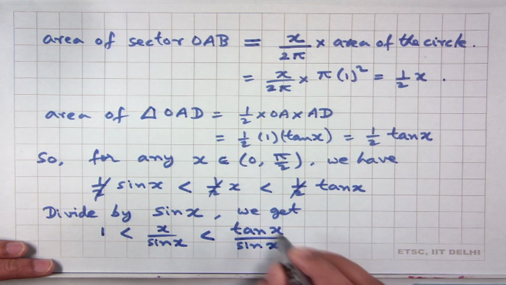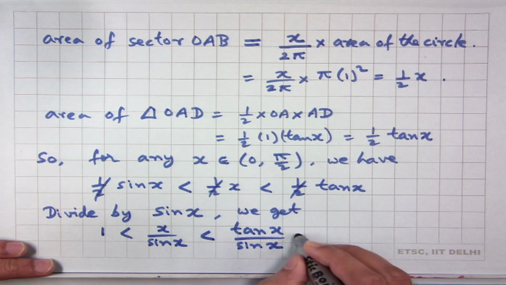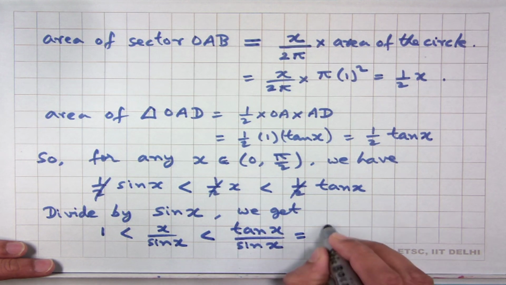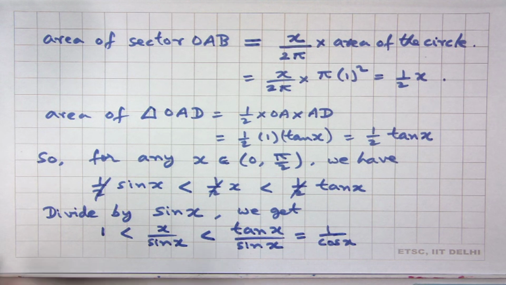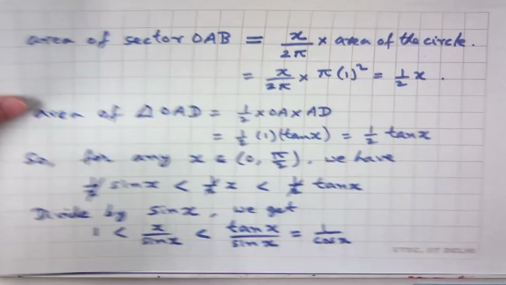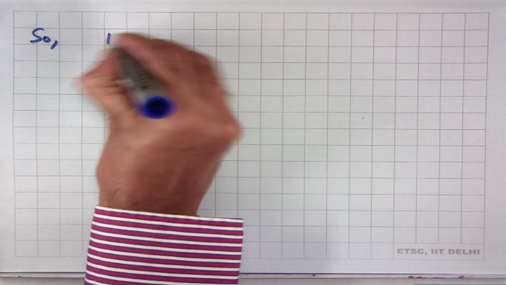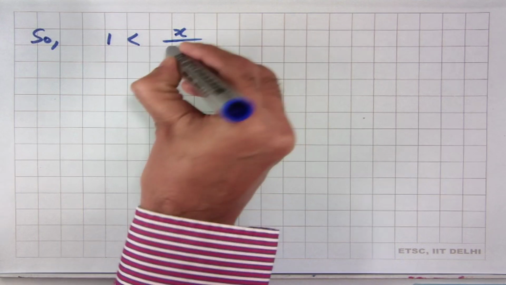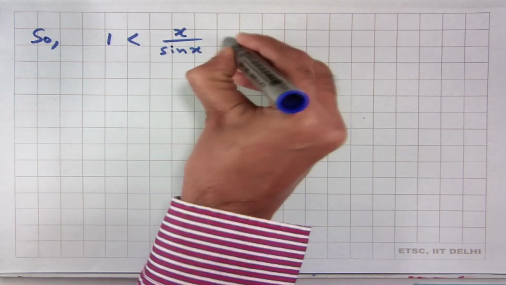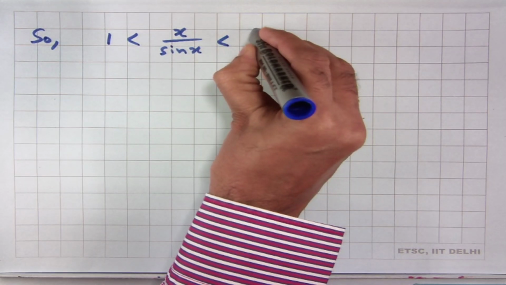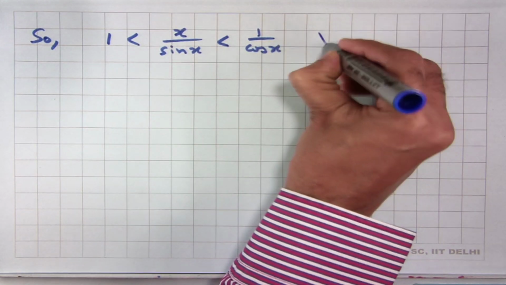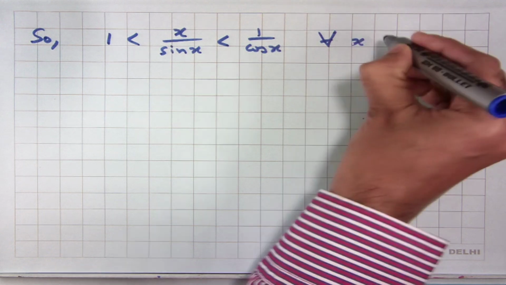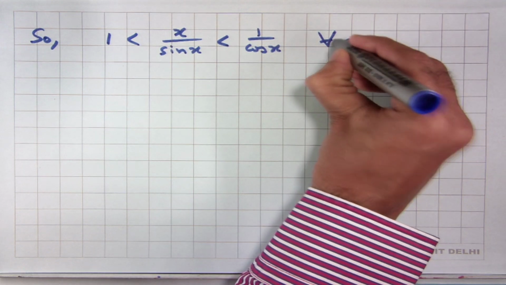But tan x is sin x divided by cos x. So, this is equal to 1 by cos x. So, the conclusion is what we get is, so 1 is less than x by sin x, which is less than 1 by cosine of x for every x between 0 and pi by 2.